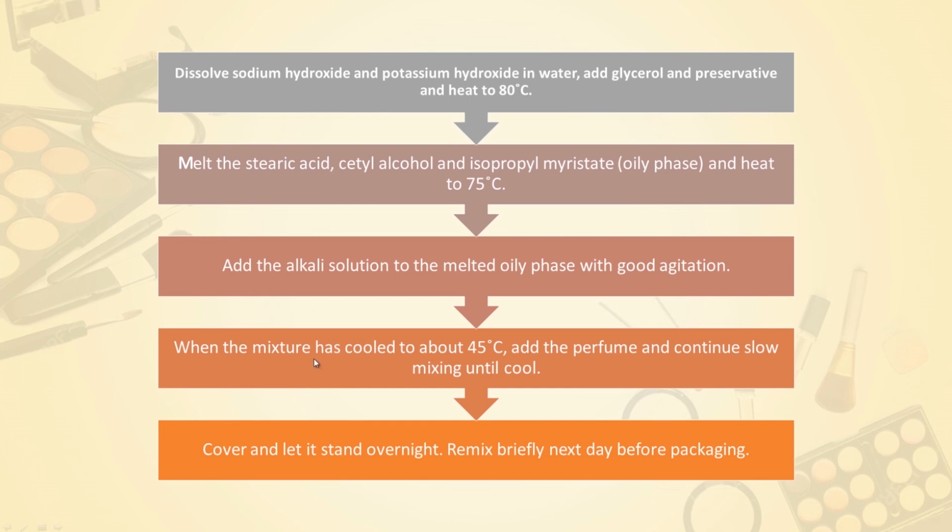When the mixture has cooled to 45 degree centigrade, add perfume and continue slow mixing until it cools. Then cover it and let it stand overnight and remix briefly a day before packing. So, this is the procedure by which vanishing cream is formulated.